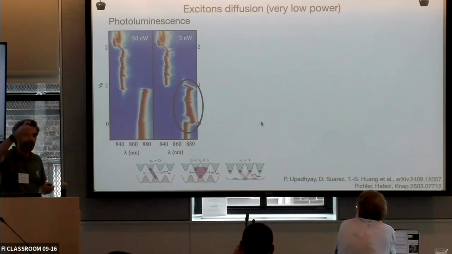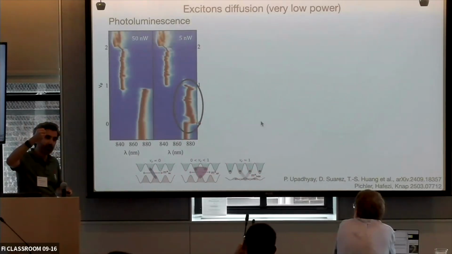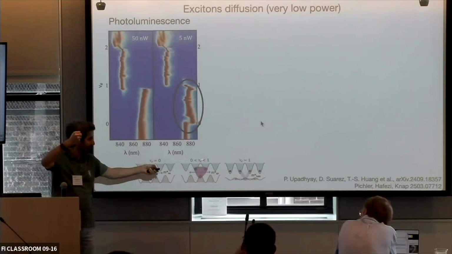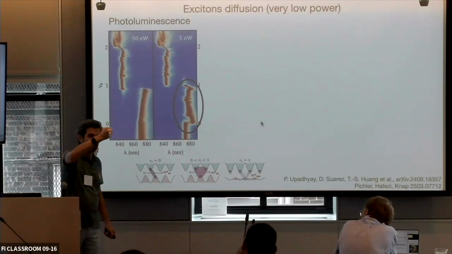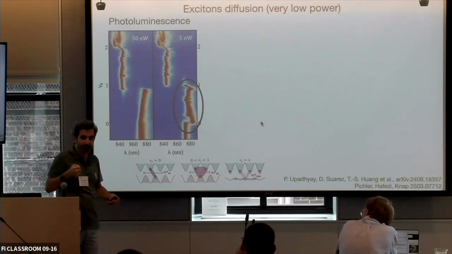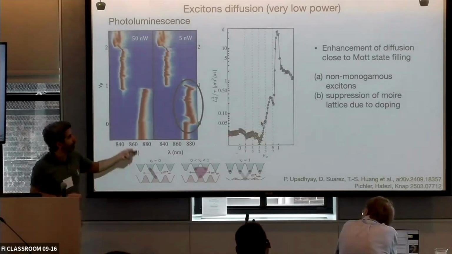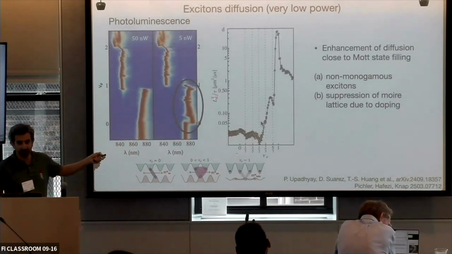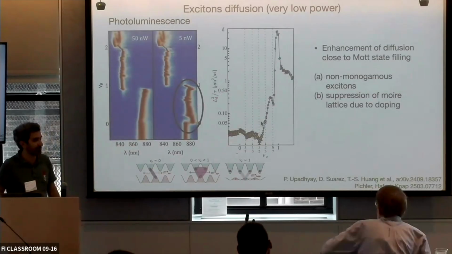So naively, if I had this idea that the exciton is bound, and if it wants to move in the system, if I get to a Mott insulating state, if I put 1 electron per site, then the diffusion of this exciton should be suppressed, right? Because I'm getting close to an insulating state, but it's not. It's actually going up. If we assign some diffusivity to this exciton, we see that it goes up by 2 orders of magnitude.